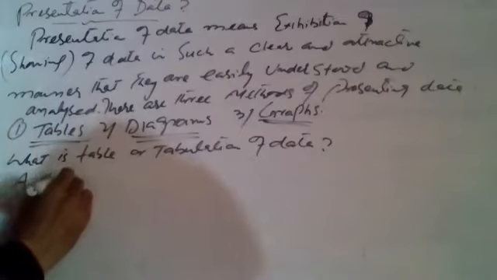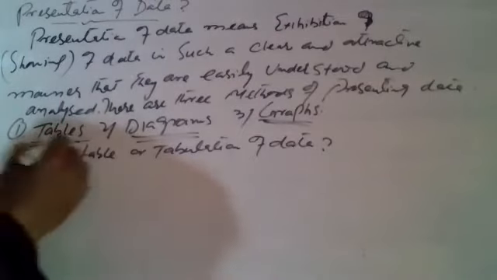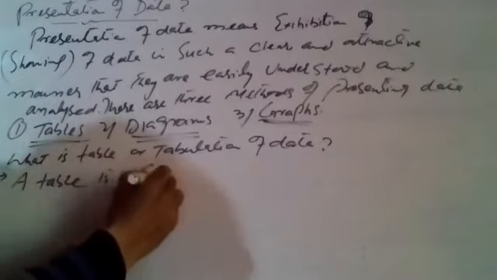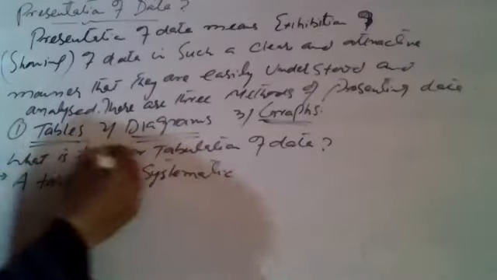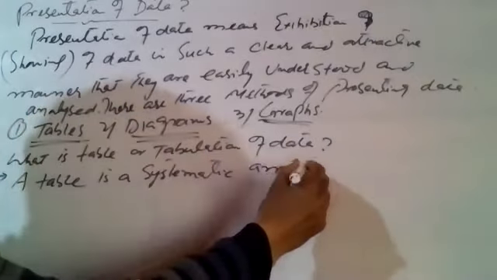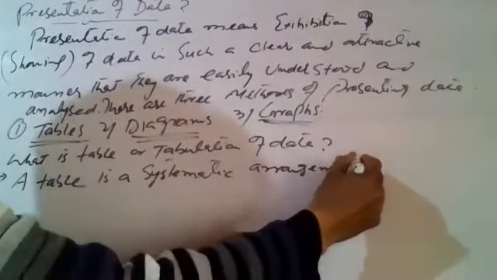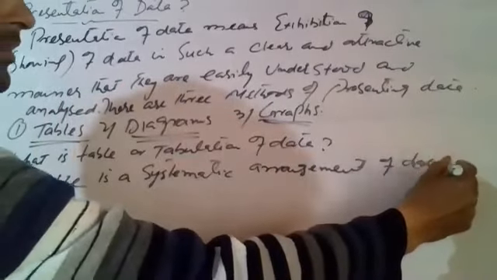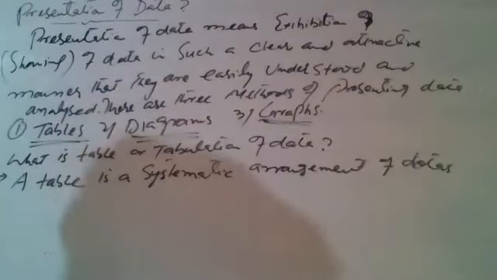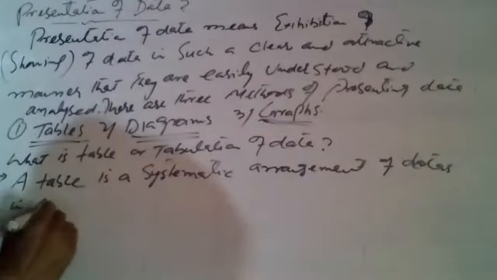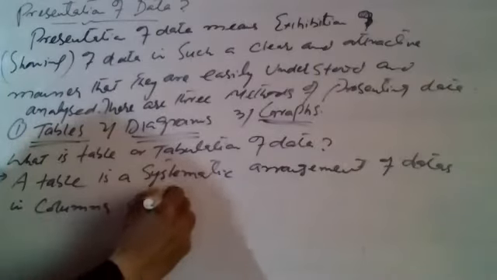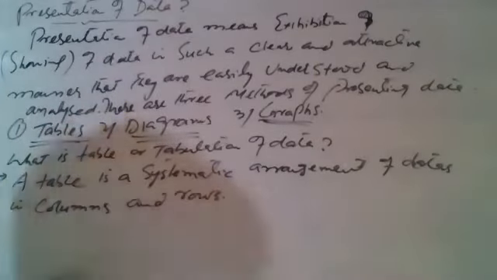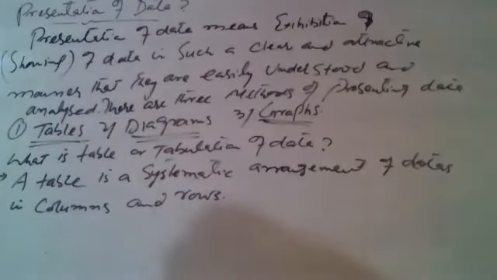A table is a systematic arrangement of data in columns and rows. When we arrange the data in the form of columns and rows, that is a table.